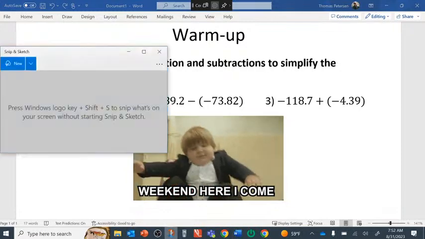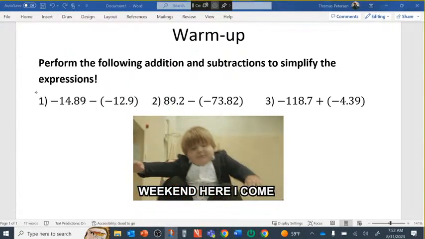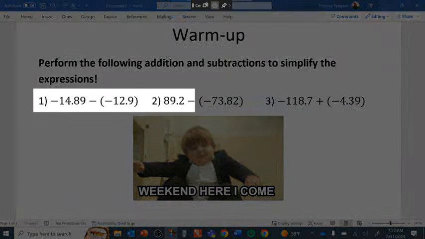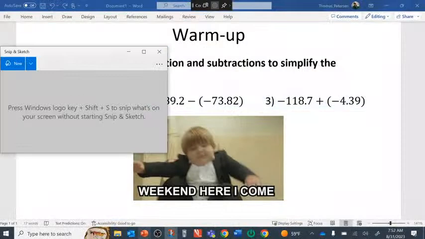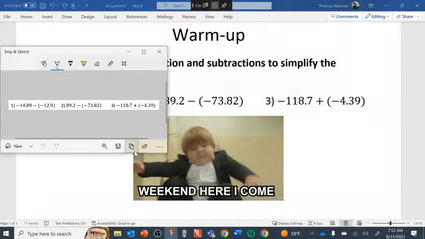All right, here we go, everybody. Can I get y'all up here in 5, 4, 3, 2, 1? All righty, here we go. Let's get these taken care of.